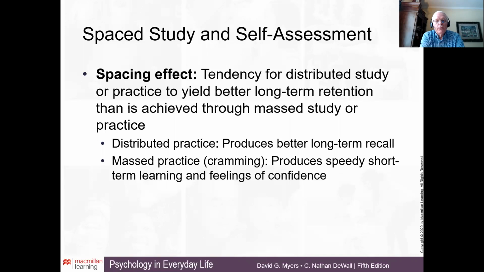So one way in which we can improve our memory is by using what's called the spacing effect.